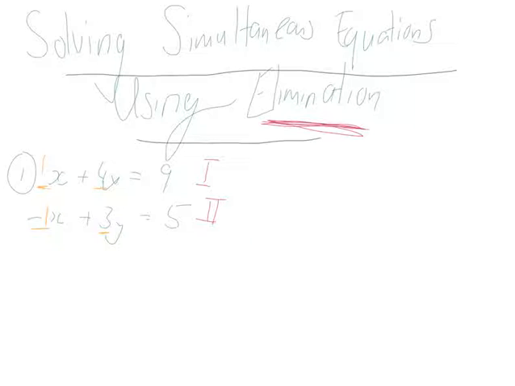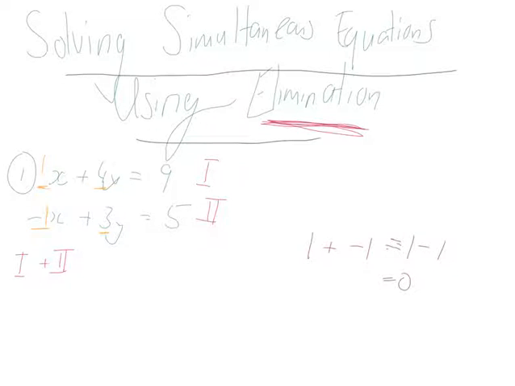So what I'm going to do is take equation 1 and 2 here. If I add them together, equation 1 plus equation 2, what you'll see is my x's will be eliminated. So x and minus x. Just on the side note here, if you have 1 plus minus 1, that's the same as 1 minus 1, which is 0.